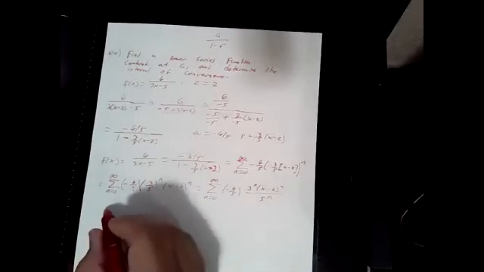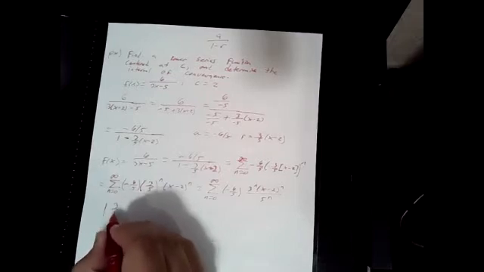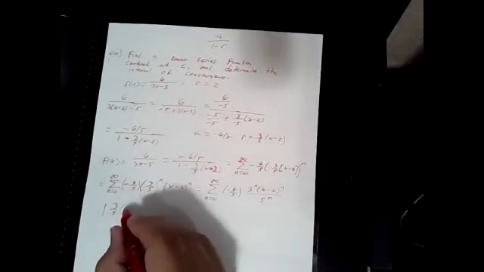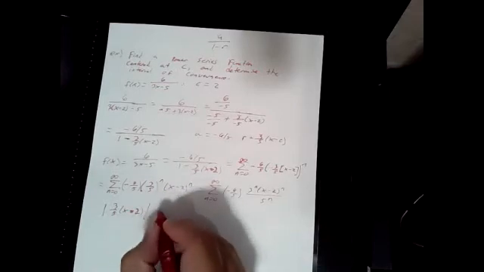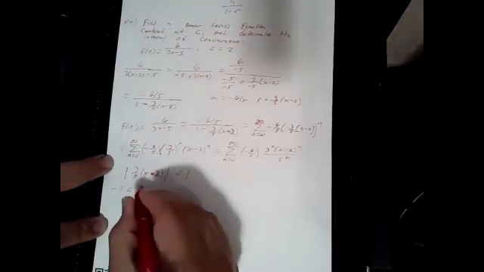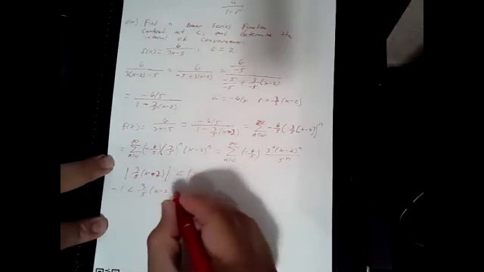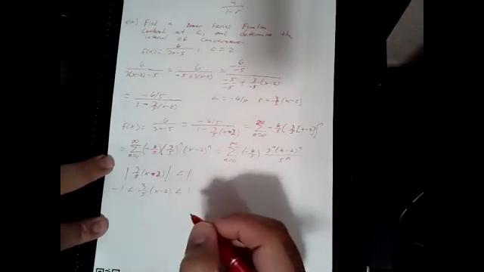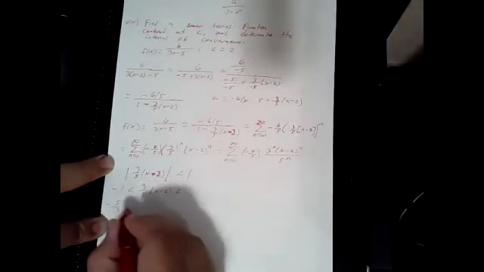So you're going to take the absolute value of r, that must be less than 1. Then you remove the absolute value and solve for x, so multiplying by 5/3 everywhere, and that'll get us to here.